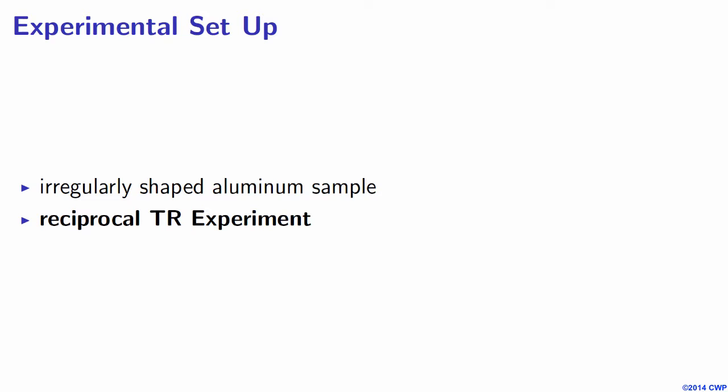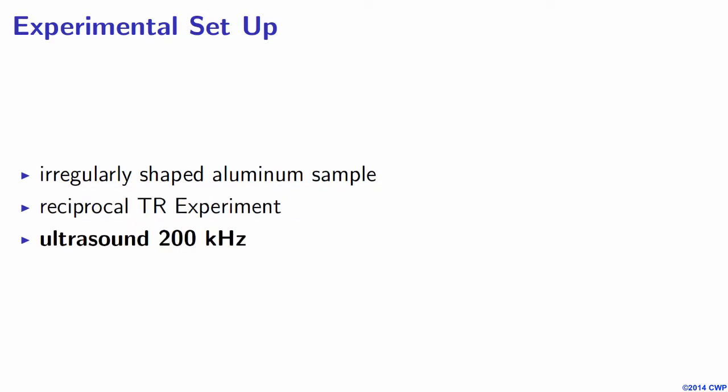Now the benefit though is that we could use it to scan around our focus at the time of focus to also measure spatial focusing capabilities of our method. But we won't be discussing that today here in this presentation. What's also important to note is that this experiment had our source and a receiver on the surface of our irregular shaped sample, which will be different with the new experiment I'm about to introduce.